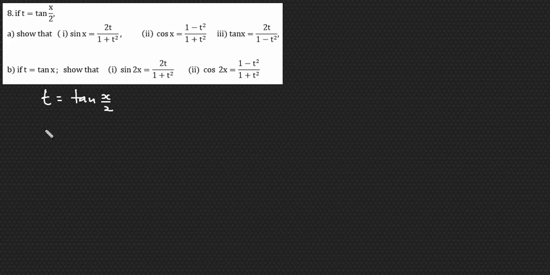Remember, in a double angle, where we had sin 2x, it was 2 sin x cos x. X is just a half of this angle here. So this is a double angle, but what is seen here is a half angle.